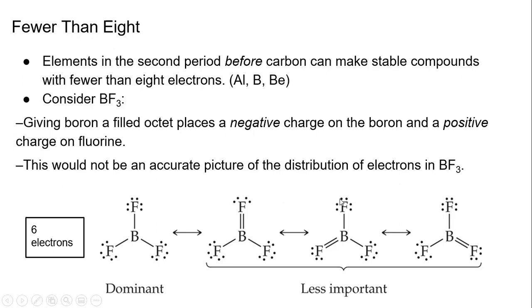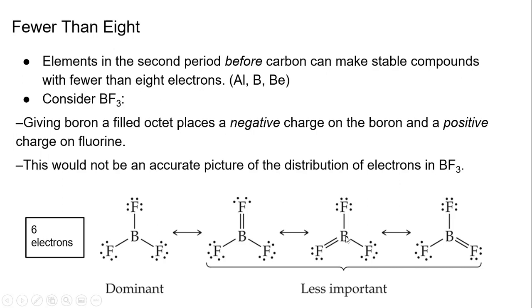And if you did the formal charge, you would notice that some of these are not as stable. It's telling you that this is the dominant form here. And this is why. If you put a double bond to fill an octet and you do the formal charges, what you find is that boron will have a negative charge. You do not want boron to have a negative charge.